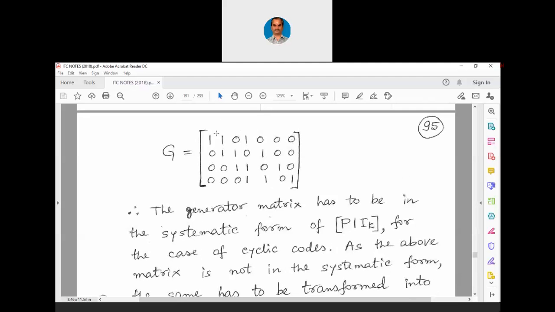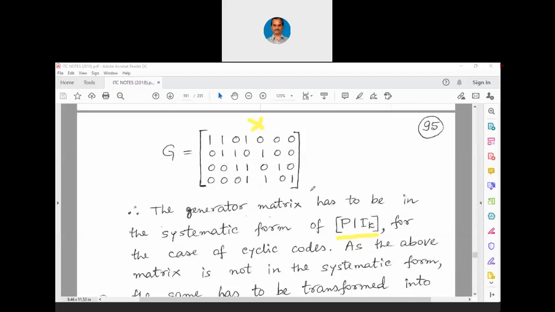Now to convert this generator matrix, we want the matrix to be as a parity matrix and identity matrix. Now what can we do to have the matrix of this form? Right now it is not of this form.